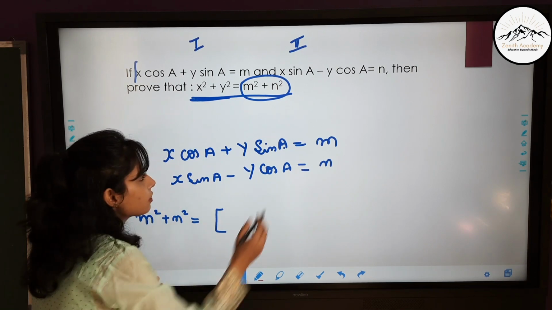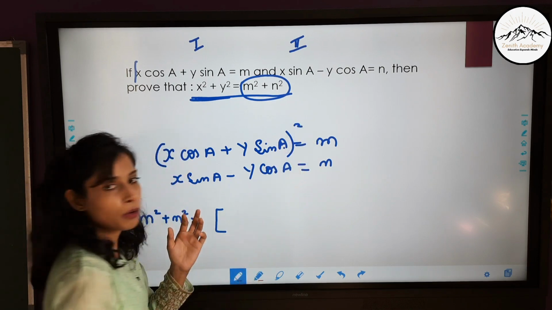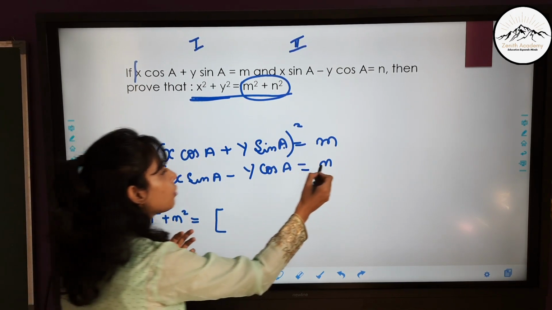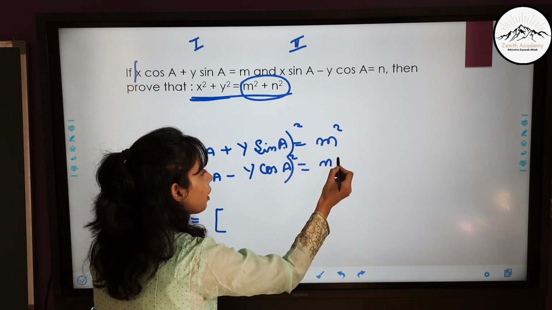So this implies m square, which is this whole term whole square, and n square, which is this whole term whole square.